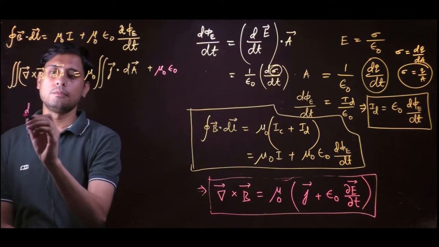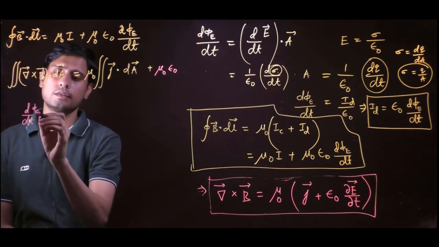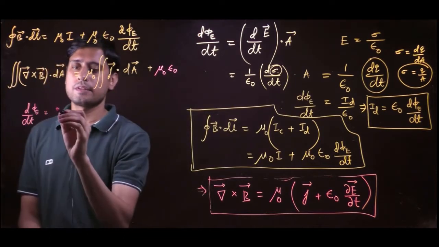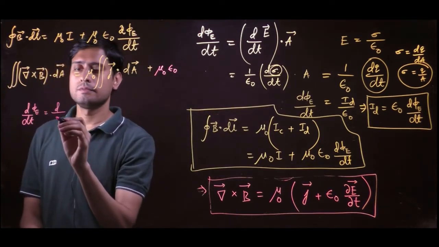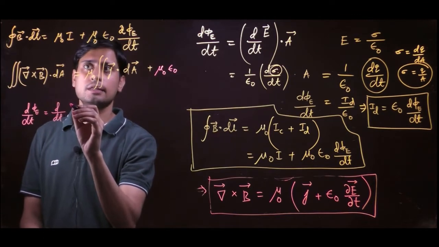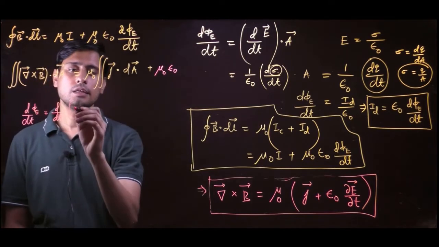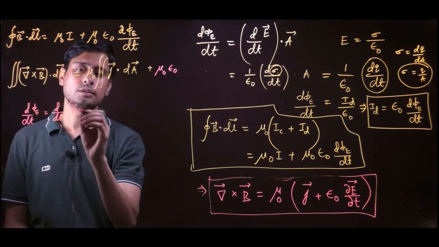Now d by dt of this phi e: we can write phi e as the integration of E dot dA.